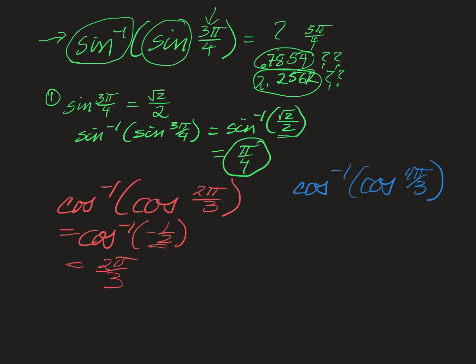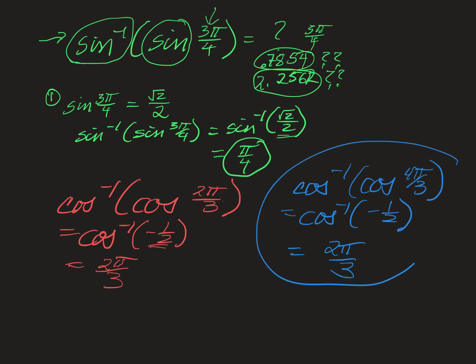Okay, well now 4 pi over 3 is a third quadrant angle. All right, now cosine's negative there, so this is still negative 1/2. All right, but the inverse cosine of negative 1/2 takes us back to a second quadrant angle, to 2 pi over 3. So see, the same thing can happen on the inverse cosines that happen on this inverse sine problem. You have to pay attention where the domain and the range are.